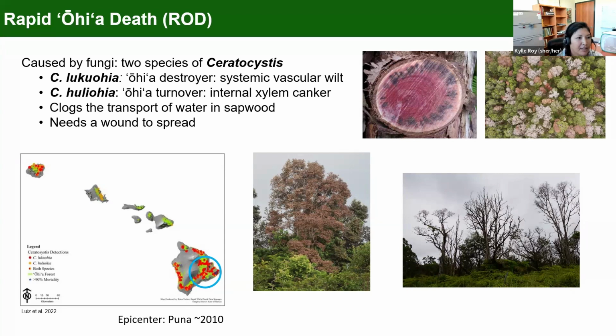Ceratocystis huliohia was given huliohia, so ʻŌhiʻa turnover, and that acts more like a canker. But ultimately, both lukuohia and huliohia will result in tree death, although lukuohia is much more aggressive. They both clog the transport of water in the functional part of the xylem, also known as the sapwood. And in order for ROD to spread, there needs to be some sort of wound.